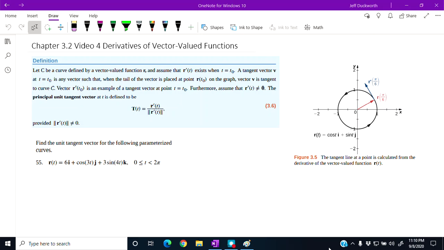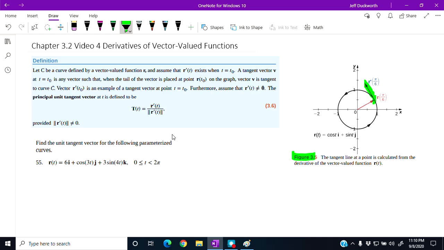All right, we're going to try to see if we can calculate the principal unit tangent vector. If the initial point of the vector moves off tangent to whatever curve it is, and you can see here in figure 3.5, the initial point of the vector is right there, and then that vector moves off in a tangent way tangent to that circle.